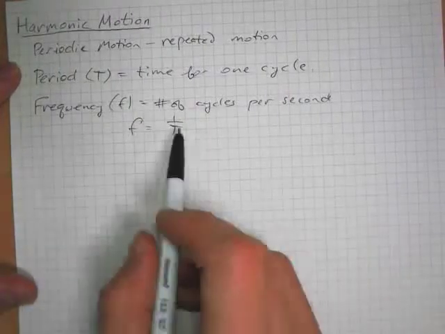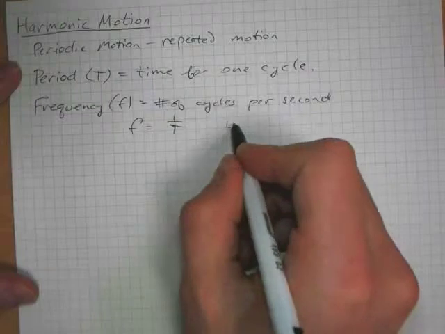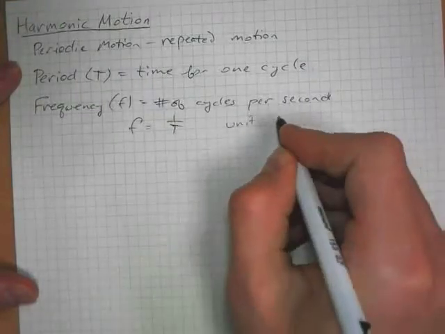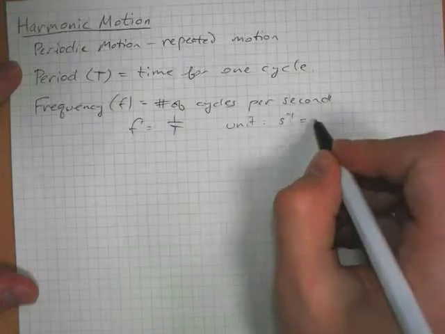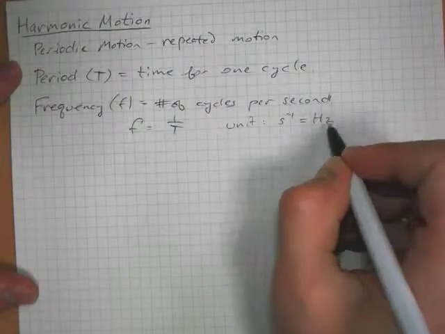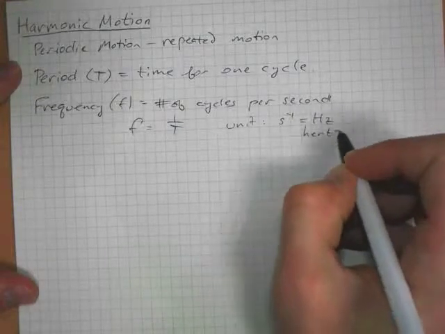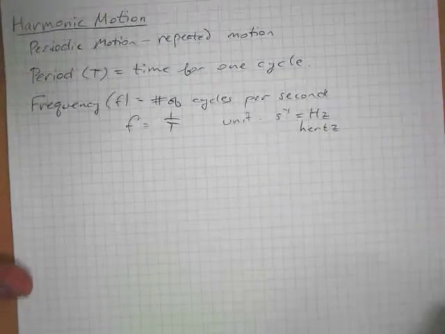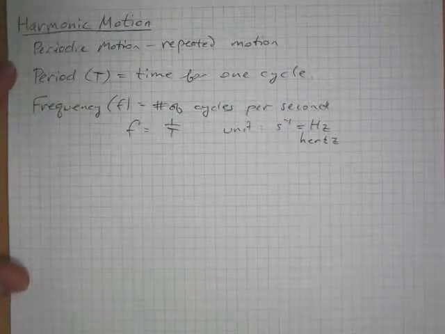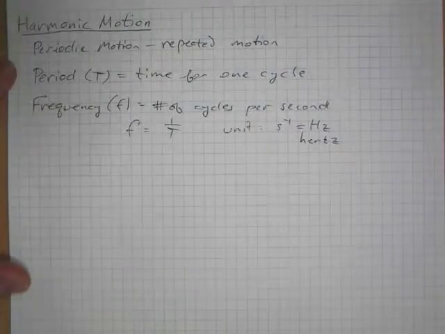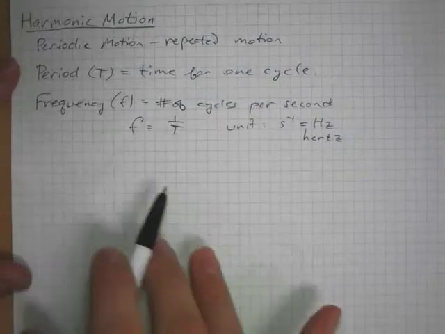And since it's 1 over seconds, the unit is inverse seconds, also known as Hertz, after Heinrich Hertz, who did a lot of work with radio waves, I believe. But those are a couple of simple things related to periodic motion.